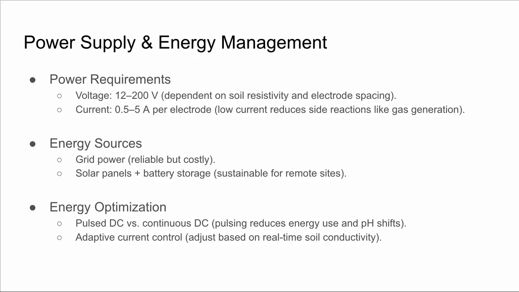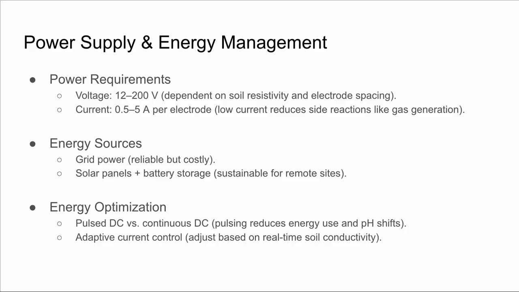Powering the system requires balancing voltage and current. We use 12 to 200 volts depending on soil resistance. Clay needs high voltage compared to sand. Our current needs to be kept very low, around 0.5 to 5 amps per electrode, to minimize gas bubbles that would disrupt the process.